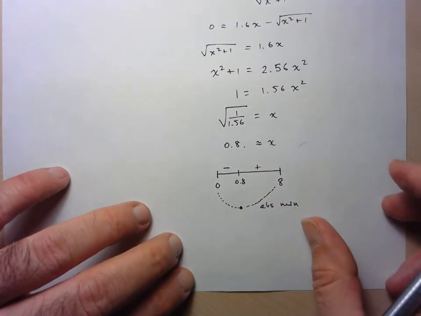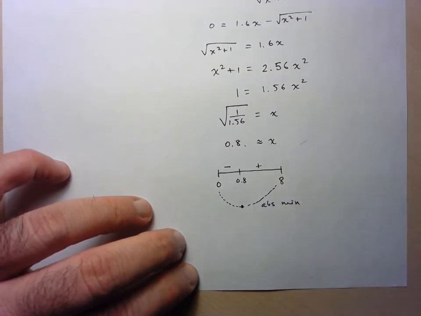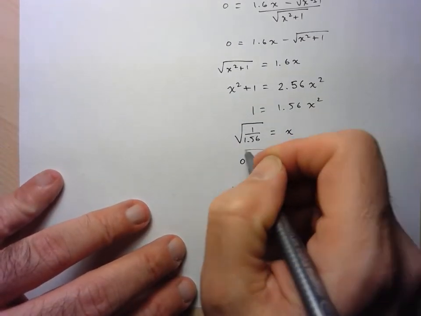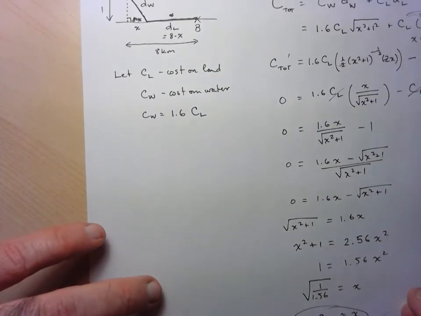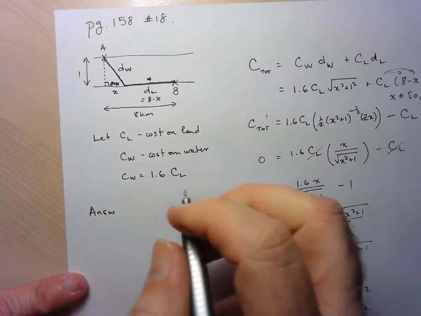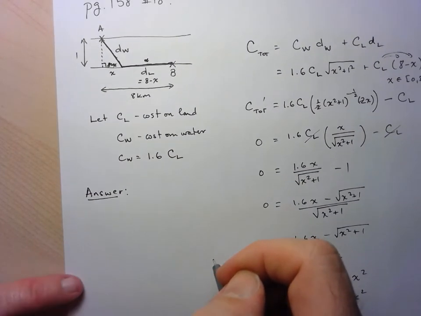So now I go back to the problem, and it says find the best way to cross the river so that the total cost of the pipe is kept to a minimum. So I need to use this value of 0.8 to describe how to do it. I guess I'm just going to draw a picture.